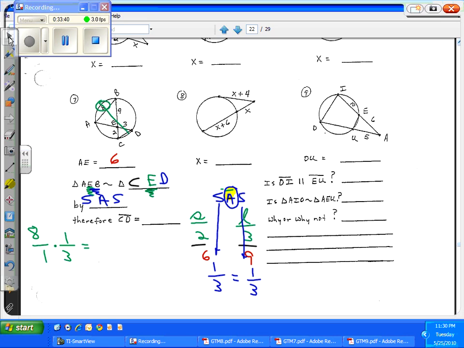We're going to multiply by a scale of 1/3, and so CD would be 8/3 or 2 2/3, depending on if you want it as an improper fraction or a mixed numeral. Any questions on that? Okay.